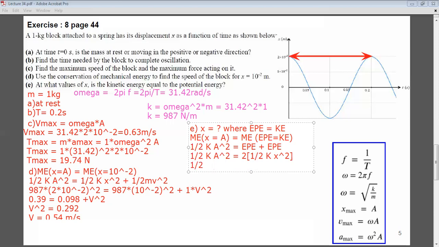So I have 1 over 2 times K, which is 987, times A, which is 2 times 10 power minus 2, squared, equal to K. I can remove the K and the K to make my life easier. So this is equal to x, my unknown, squared.